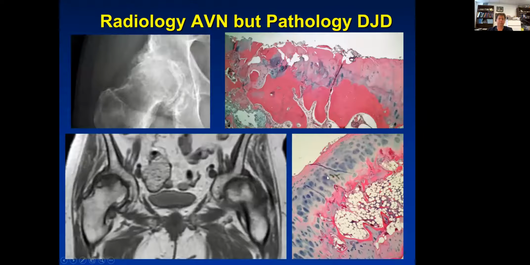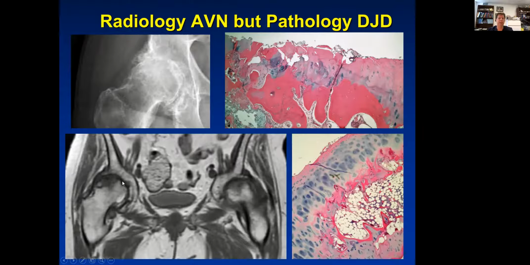And just to show you the opposite example, this was a case where the radiology suggested AVN and the pathology showed no evidence of osteonecrosis. Interestingly, the plain film radiograph in this particular patient showed more classic features of advanced DJD, even compared to what we last looked at: joint space narrowing, acetabular sclerosis, subchondral bone sclerosis of the femoral head, and even osteophyte formation.